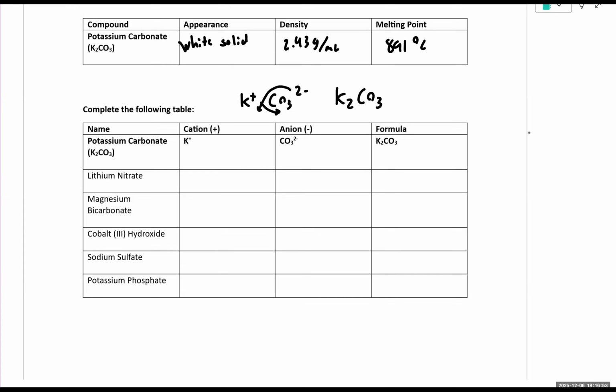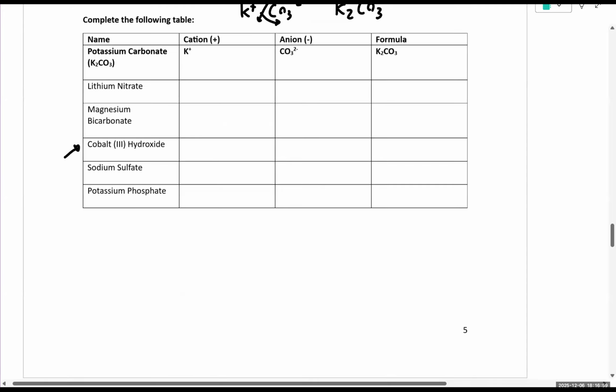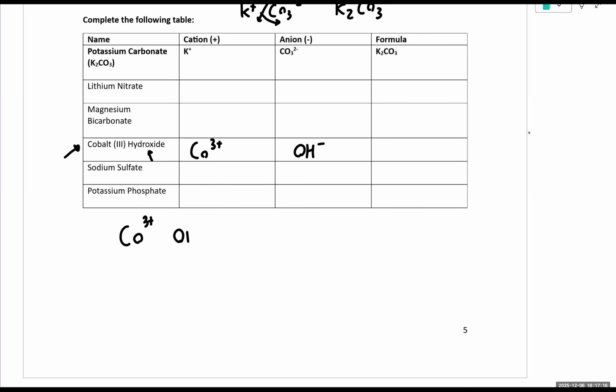This time, let's take a look at, for example, cobalt(III) hydroxide. This is an example of a transition metal containing compound that also has a polyatomic ion. From the name, this cobalt(III) tells us we have Co3+. Hydroxide is a named polyatomic ion of the formula OH minus.